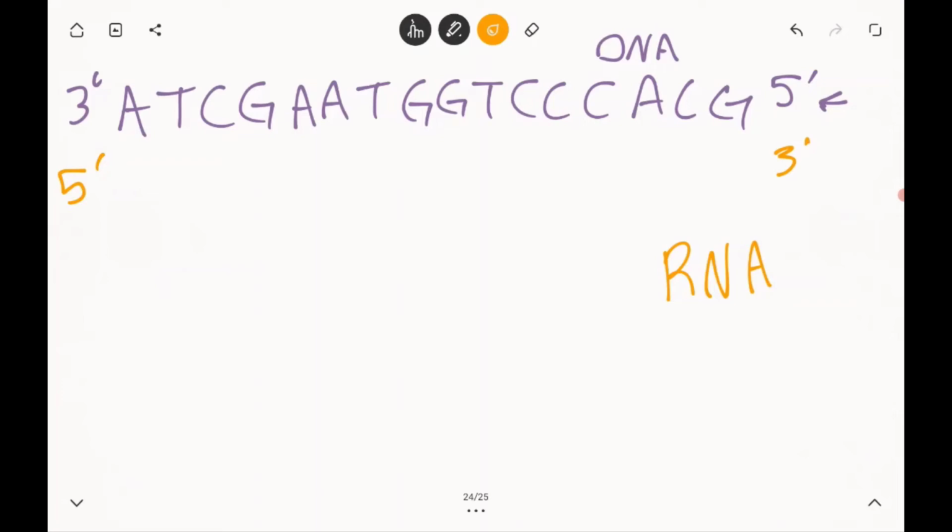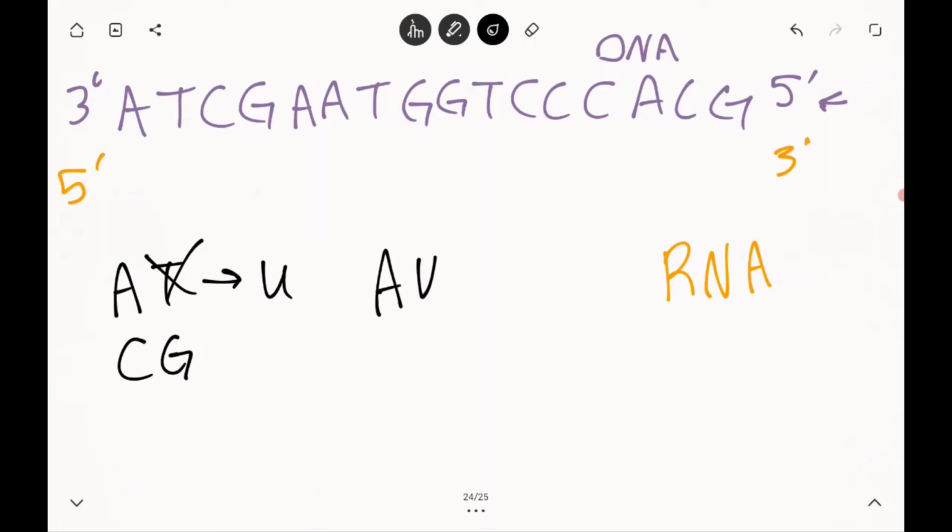So usually in DNA, we have A and T bond together, C and G bond together. What's different about RNA? In RNA, remember, there is no T. Instead, we replace that T with a U. So A and U pair together and C and G pair together in RNA.